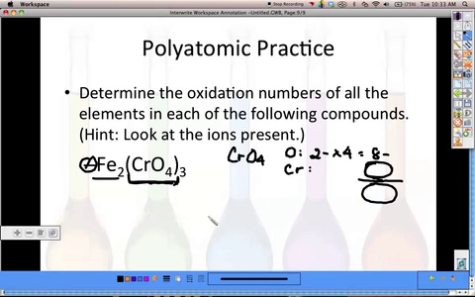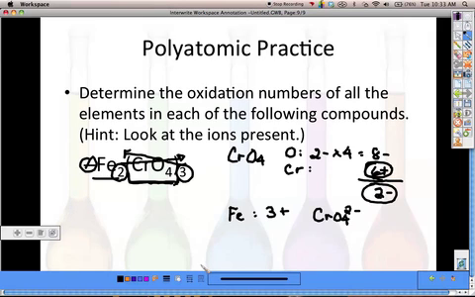What I can do is look at my value here, right behind the iron. That came from CrO4 to start with. And this 3 then came from that iron. So my iron is a 3 positive, and my CrO4 is a 2 negative. So my ideal number here is a 2 negative, and so my value of the chromium would be a 6 positive.